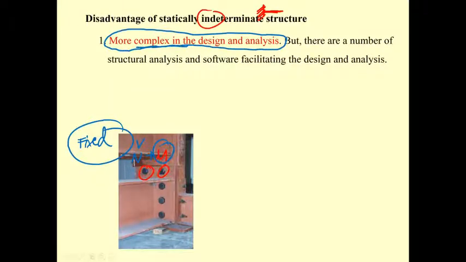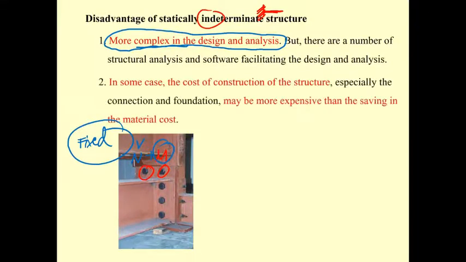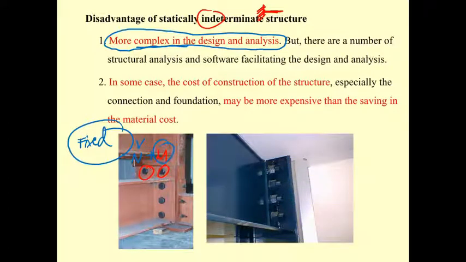The detail of this thing also must be very careful when you are trying to do the detail. And the next thing, the construction cost of the support is going to be higher, putting more complex bolts into this part, and it's going to need a lot of construction.